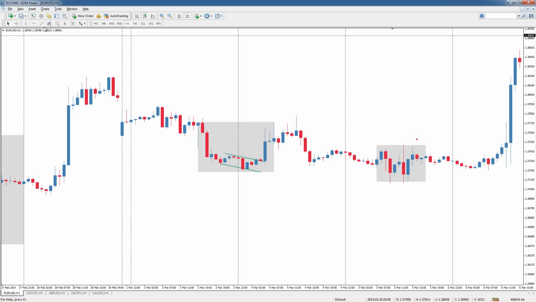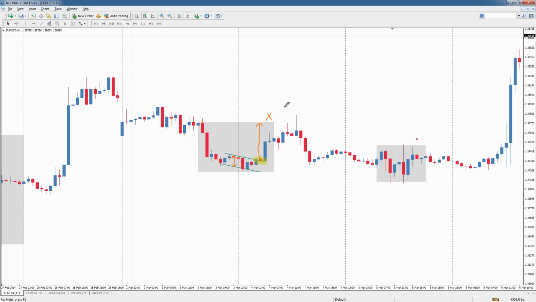Now, what did I mean when I said don't be greedy? First off, here is our confirmation. And second off, our take profit should not be bigger than this distance here, the distance between the two green lines. So from here, we shouldn't put our take profit too high.